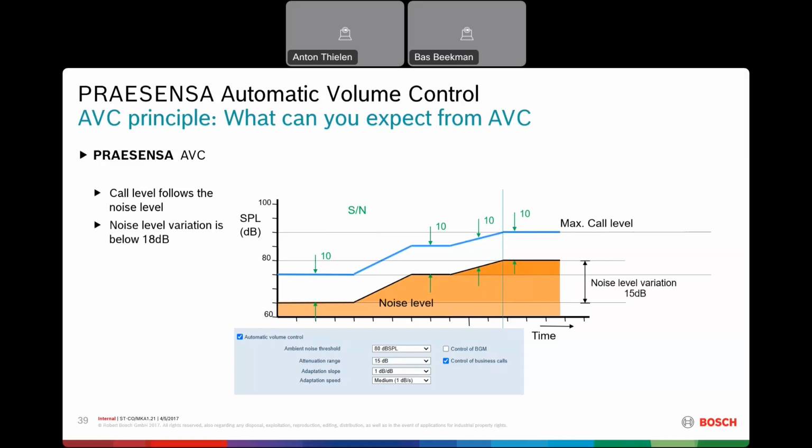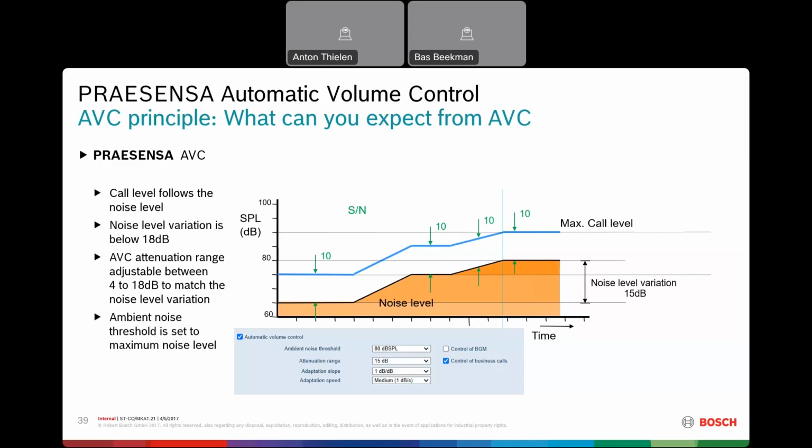The noise level variation is below 18 dB; here we have 15 dB, so we can adapt it with the 15. The AVC attenuation range is adjustable between 4 and 18 dB to match the noise level variation. The ambient noise threshold is set to the maximum noise level in this case.